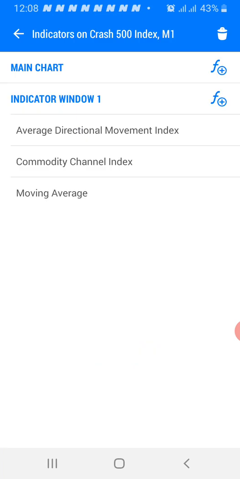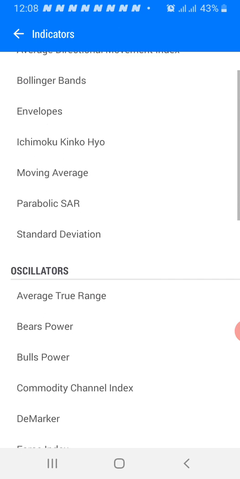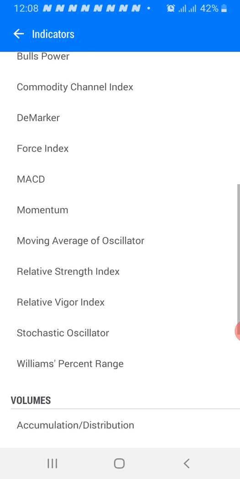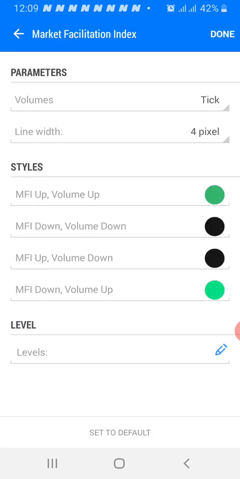Click on the indicator tab, click on add indicator, market facilitation. So yeah, market facilitation, which is the last indicator. You click on it. The volume, you use tick.